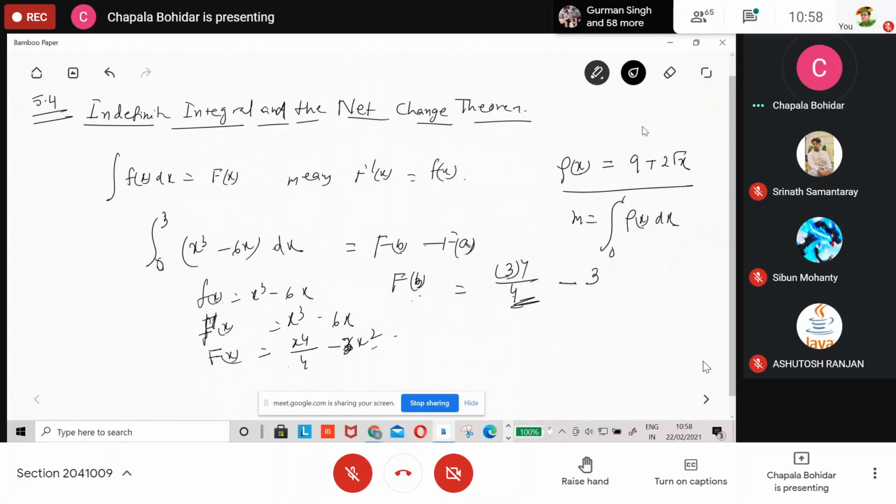Now, are you able to do it or not? It is the integral from 0 to 4 of 9 plus 2 root x dx. Are you able to do this integration or not? Do it directly. Clear to all of you? Clear? Yes, ma'am.